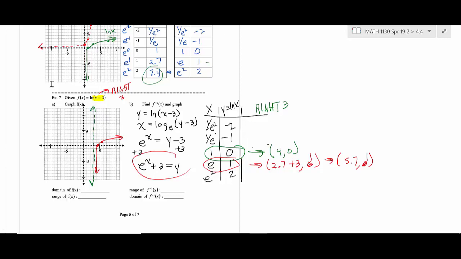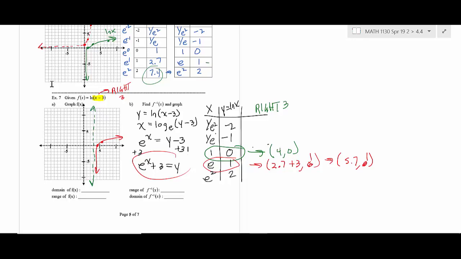What does it look like the domain of that graph is? Where to where? 3 to infinity, right? Okay. Remember what we did before is you set that argument greater than 0. So if you set x minus 3 greater than 0, you get x is greater than 3.